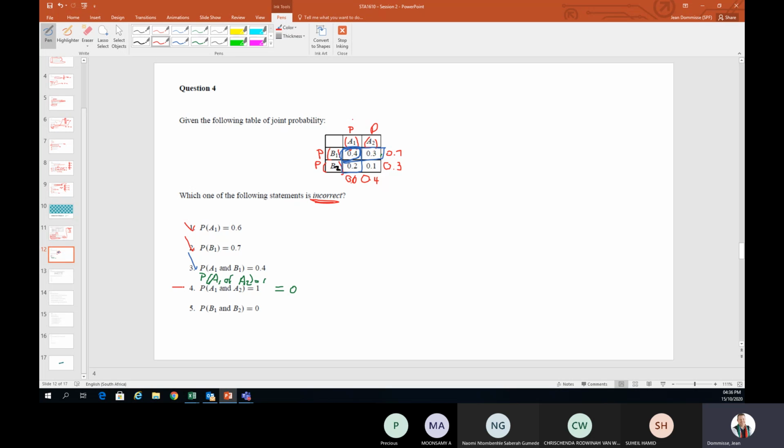That will be the one that is wrong. And you can see probability of B1 and B2 is very similar to the top one. You can't get it, so it is 0, so that one is correct. I nearly made that mistake as well, thinking it is one and the other, but it's actually whether the two can happen together.